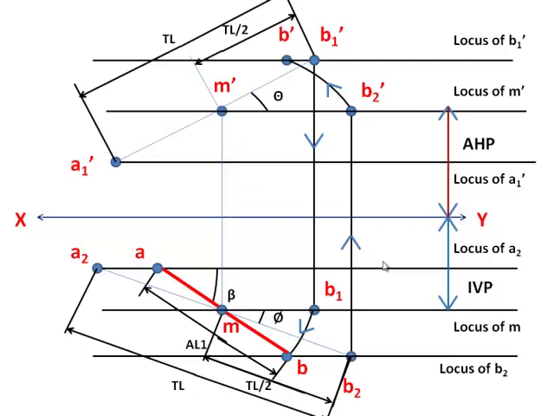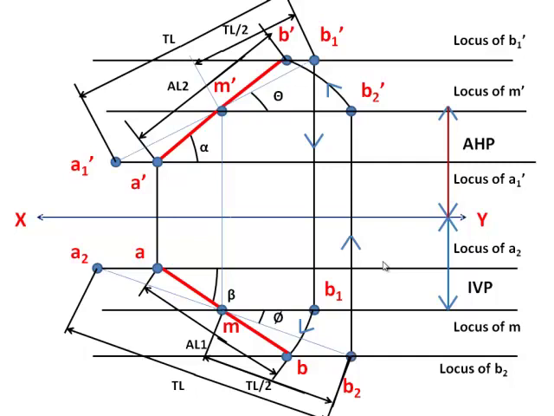That point is your B dash. Okay. Now join B dash and M dash. Extend further up to locus of A1 dash. That is your A dash. So now A dash and A should lie on a line. Is it clear? Okay. I will leave it as it is.